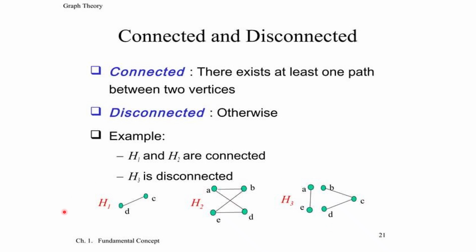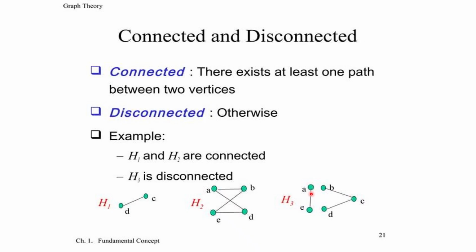Consider the graph H1. The two vertices are directly connected, so this graph is a connected graph. Another one, H2. The vertices A, B, E, D are all connected to each other, so this graph is connected. Consider the graph H3. This graph is a disconnected graph.